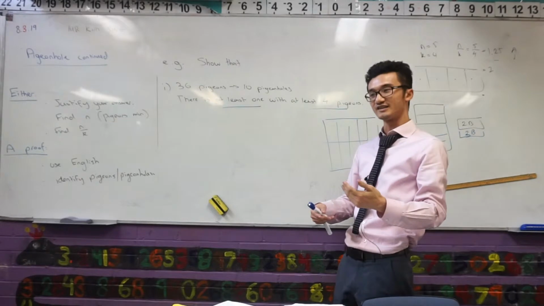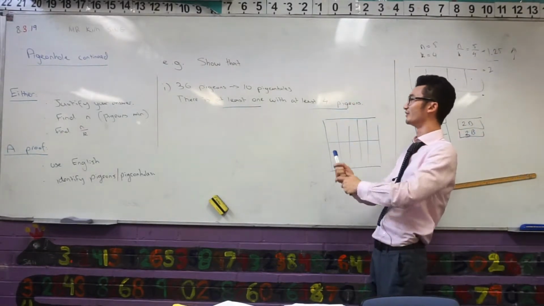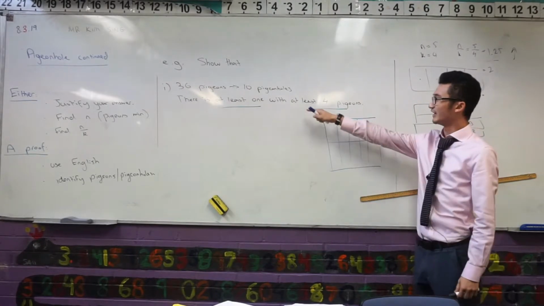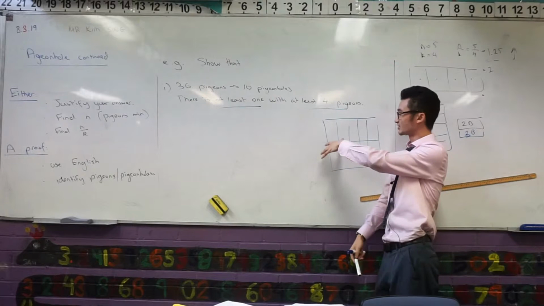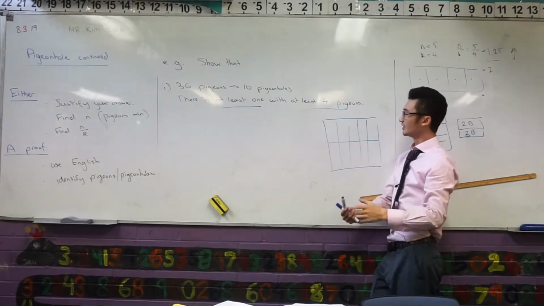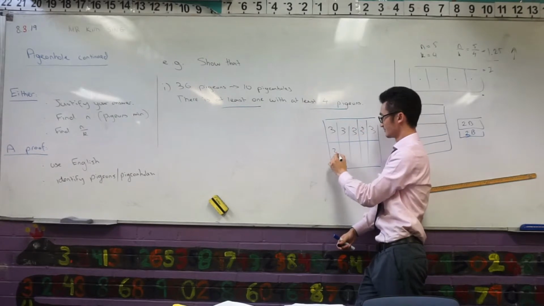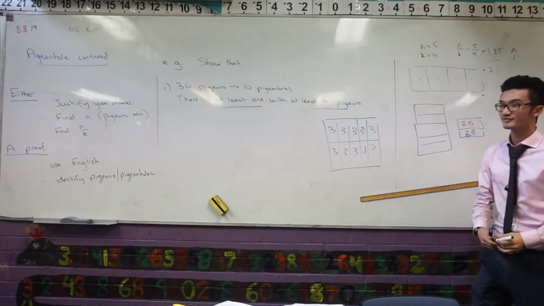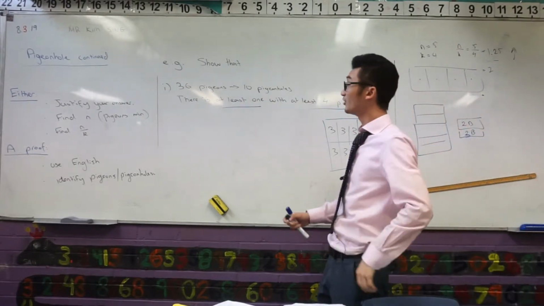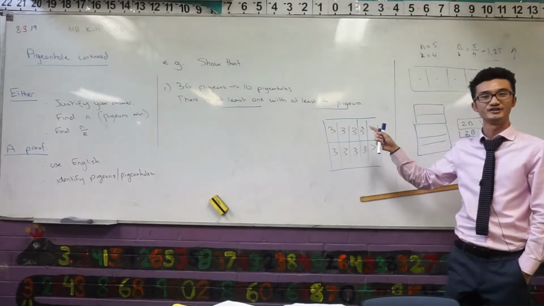The way I do that is I think about the worst possible scenario. What's the worst possible scenario? If you spread all of these out so that there's 3 of them in each of these, how many pigeons is that? 30. So here's what I'm going to say. I'm not only going to show them why 36 is an answer, I want to show them why 30 is not an answer.